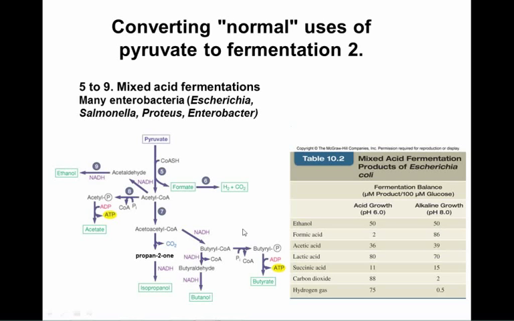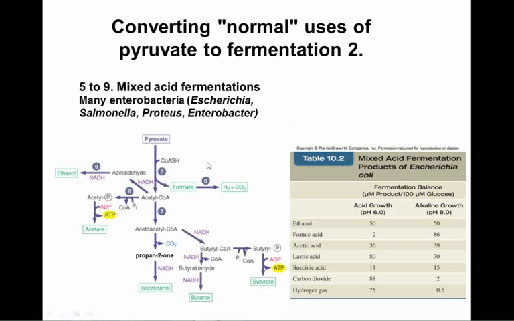So mixed acid, you have formate, you have butyrate, you have acetate. Once again, the main problem for bacteria performing this fermentation is the accumulation of toxic fermentation products. All of these acids reduce the pH of the medium and will inhibit bacterial growth.